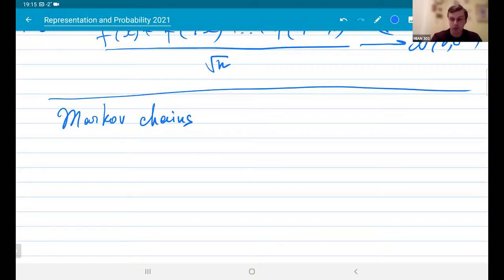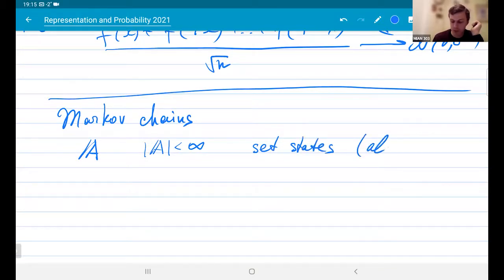Maybe just specify notation, and that's it. So we have some set A. In our case, it is a finite set of states, also called an alphabet.